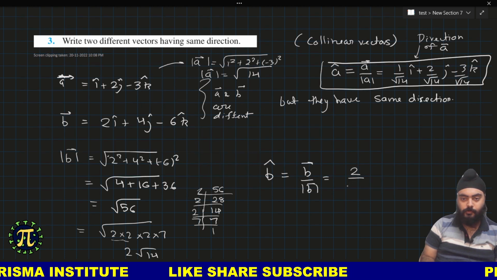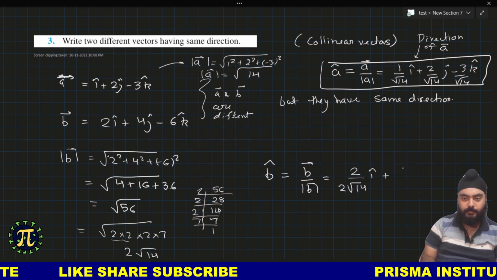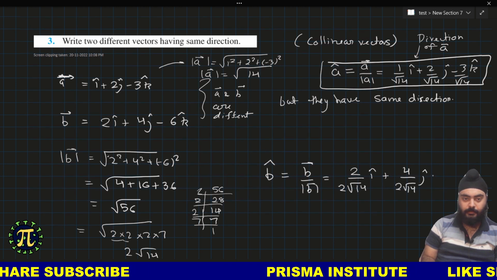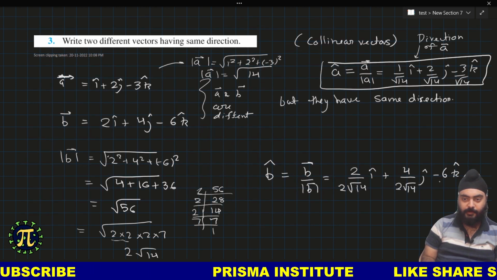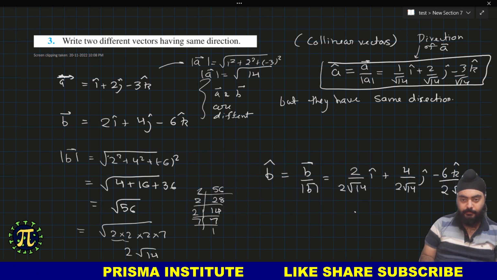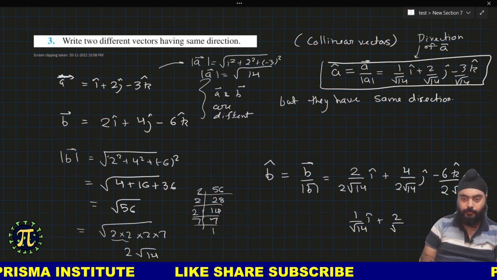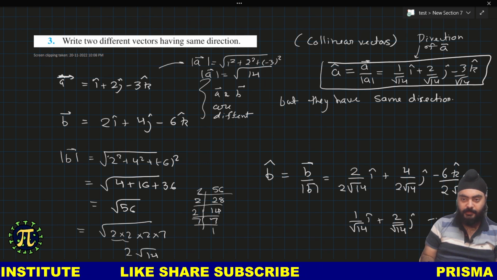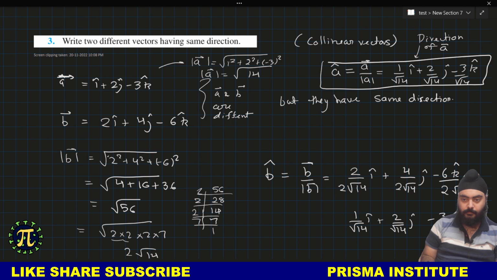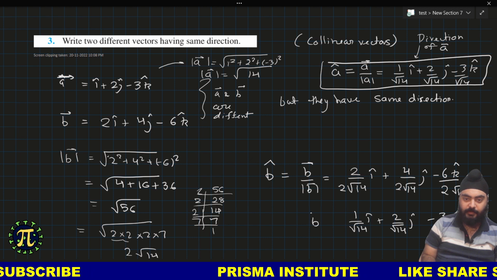So 2 divided by 2 root 14 i cap plus 4 divided by 2 root 14 j cap minus 6 k cap divided by 2 root 14, and we find 1 by root 14 i cap plus 2 by root 14 j cap minus 3 by root 14 k cap, and you can see A cap and B cap are same, right?